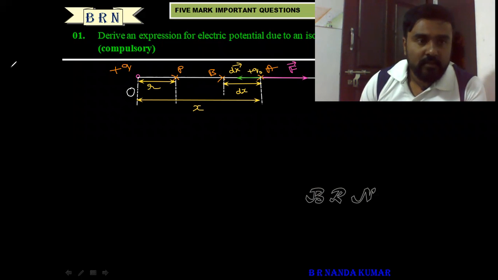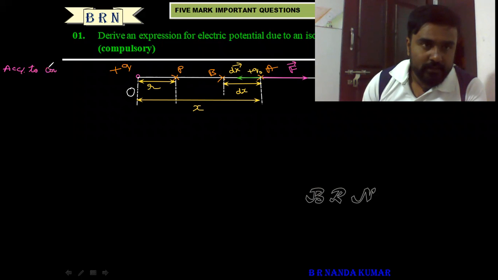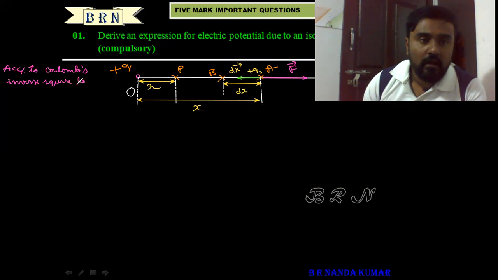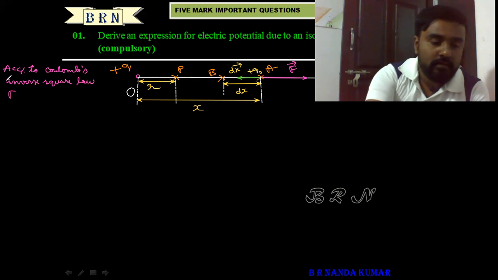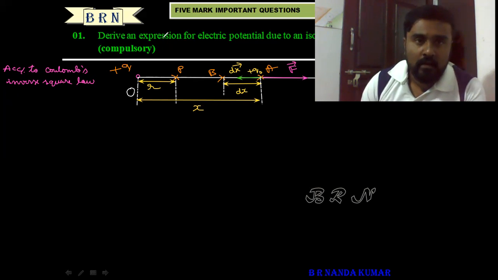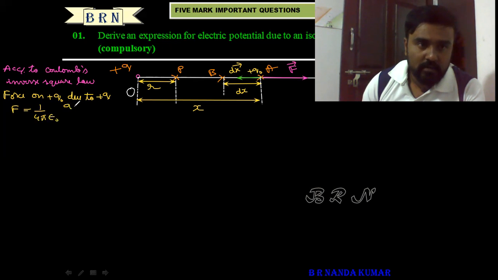So let us start the derivation. According to Coulomb's inverse square law, the force acting on plus Q naught due to plus Q is F equal to 1 divided by 4 pi epsilon naught, Q Q naught divided by x square.